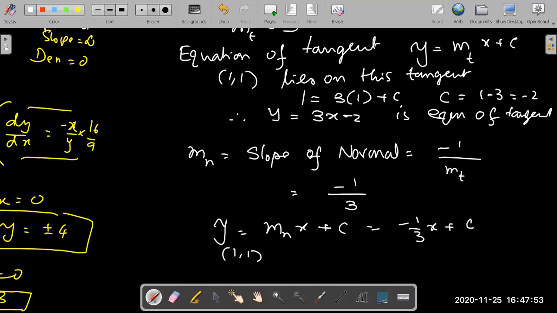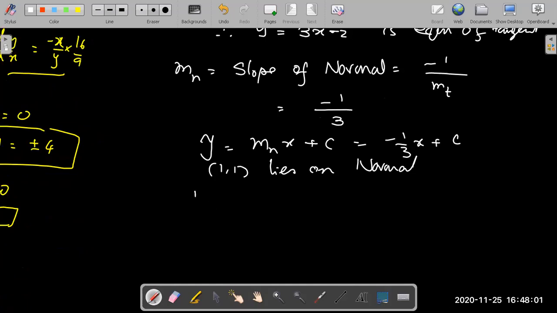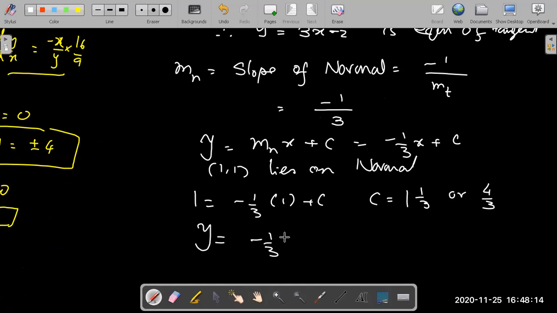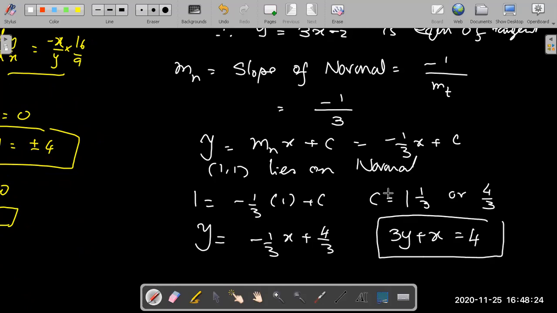So (1, 1) lies on the normal, and therefore you will have 1 equal to minus 1 by 3 into 1 plus c. So c is equal to 4 by 3. So y equals minus 1 by 3 x plus 4 by 3. When you take the LCM, you get 3y plus x equal to 4. This is the equation of the normal.